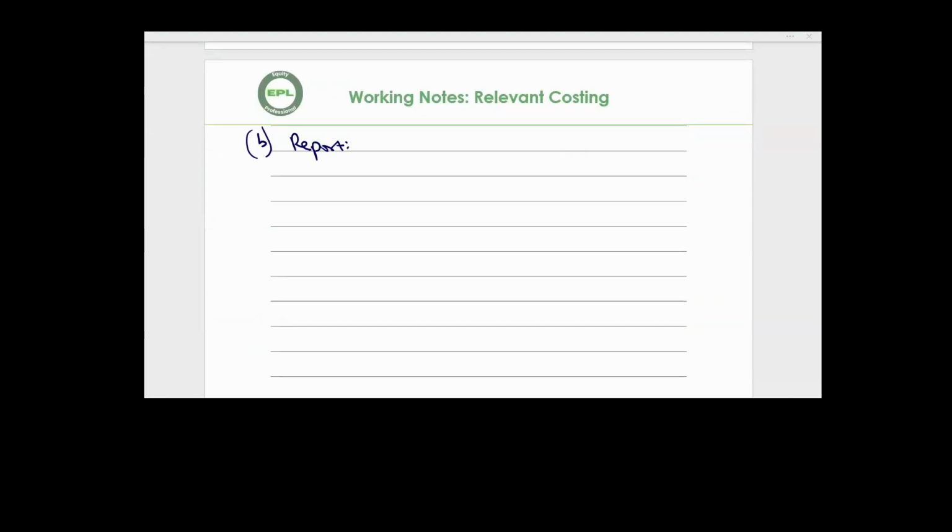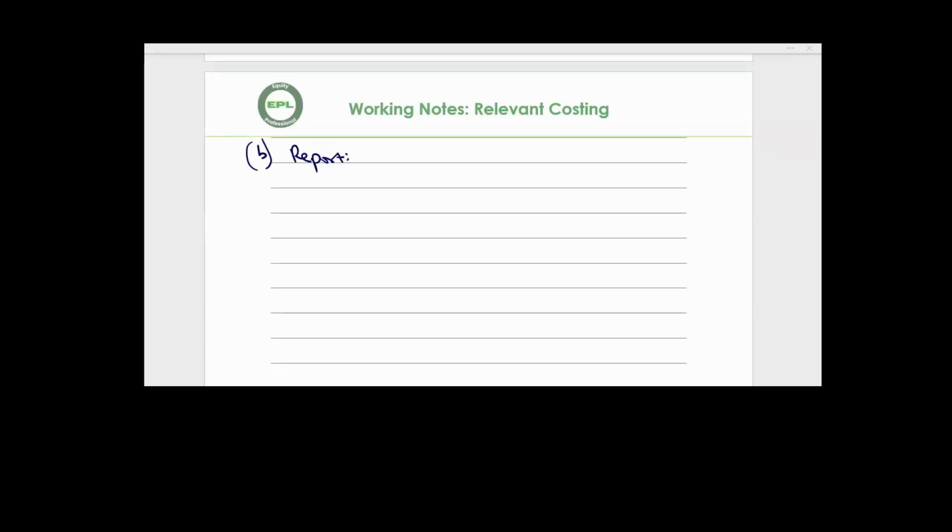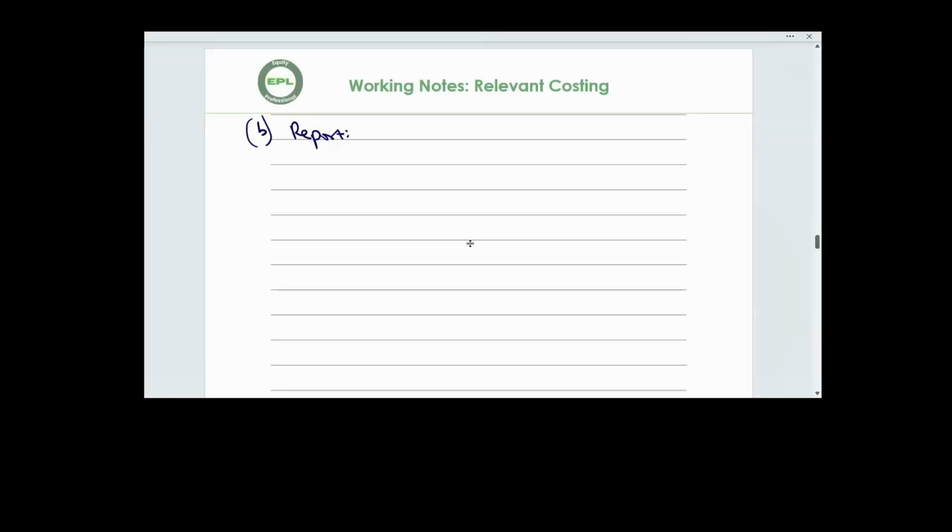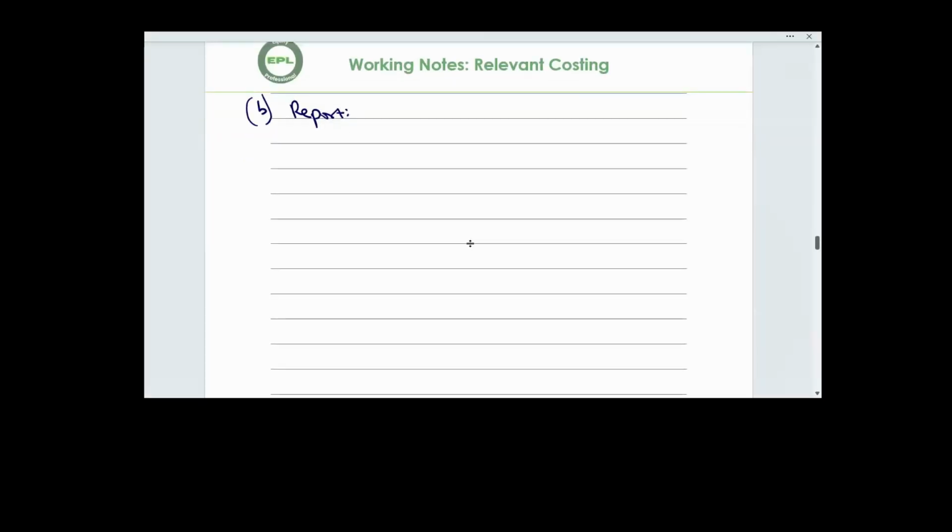So the examiner is asking you to write a report. Now, all your calculations in A and also the information given in the question, you have to use this to write a report. Okay, so first thing first, to write a report, you need to ask yourself what kind of report.